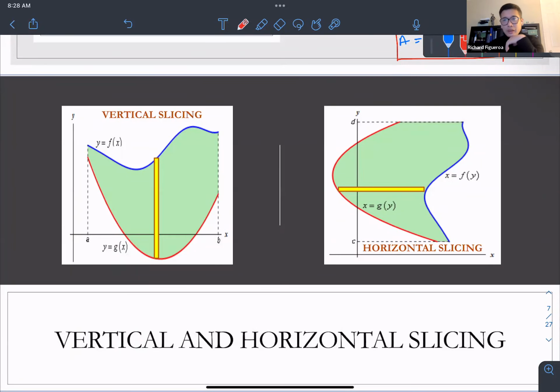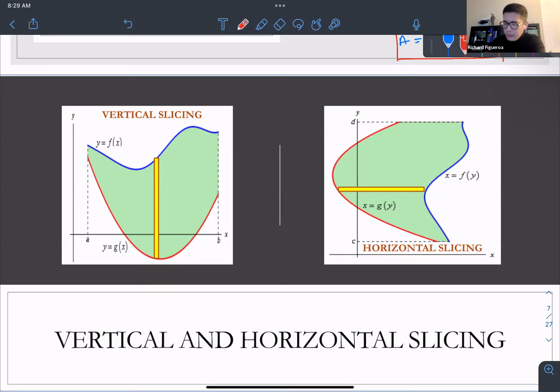These are the three things that could possibly happen. Sometimes a vertical strip is okay, but we cannot use horizontal. There are certain bounded areas wherein a horizontal strip is feasible, but not vertical.